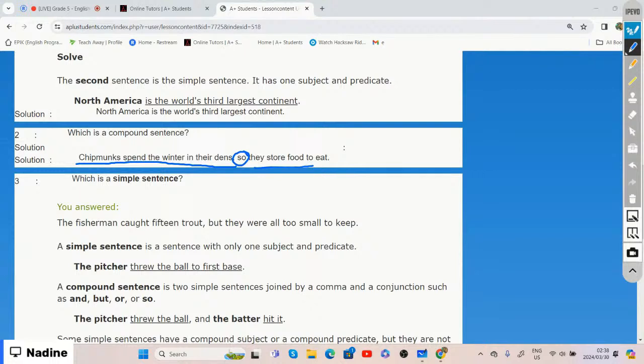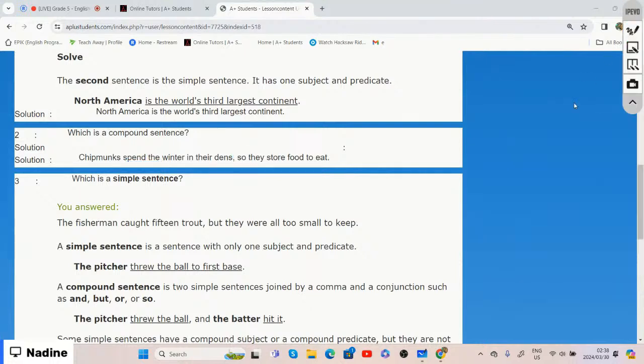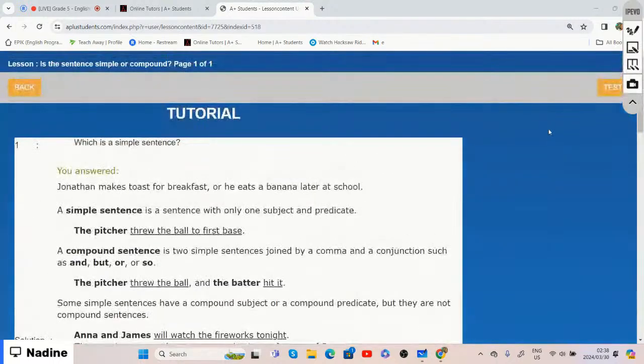All right, so now we're going to our test and we're going to say if the sentence is either simple or if it is a compound sentence. And remember, we said a simple sentence consists of only one subject and predicate, and a compound sentence is made up of two simple sentences that are joined by a comma and a coordinating conjunction, which is and, but, or so.